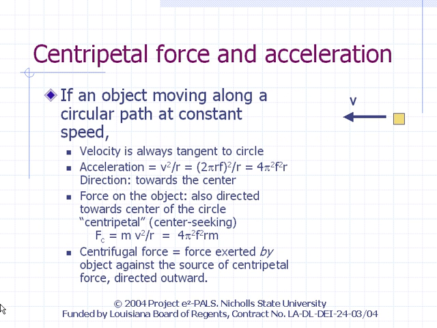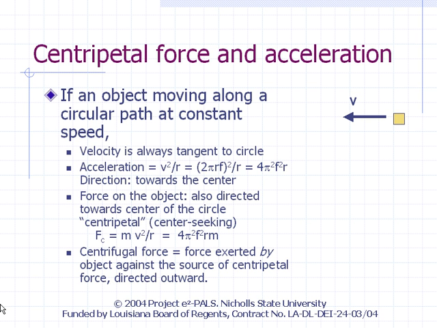Consider the object represented here by a yellow square. Imagine the object is moving with speed v in the direction indicated by the blue arrow. According to Newton's first law, the object will continue to move at constant speed in this direction unless there is a net non-zero force acting on it.